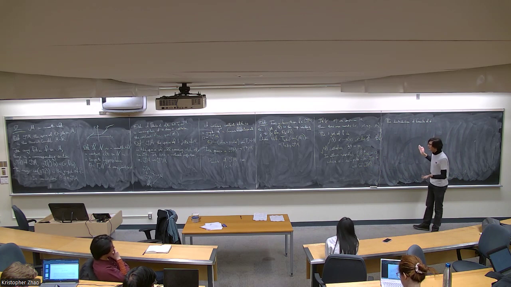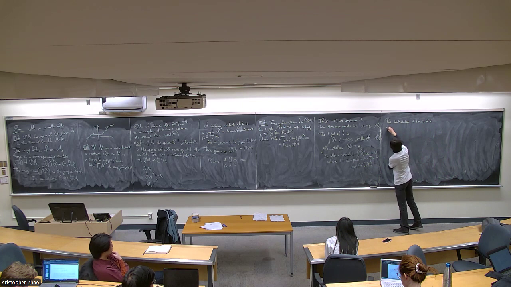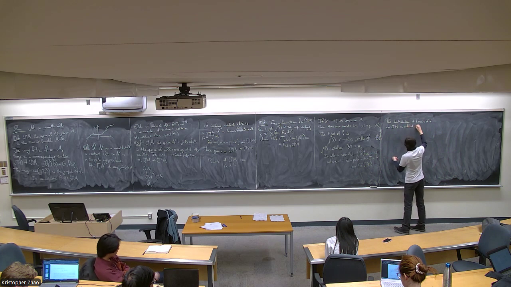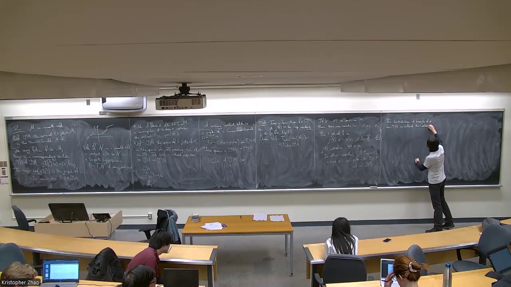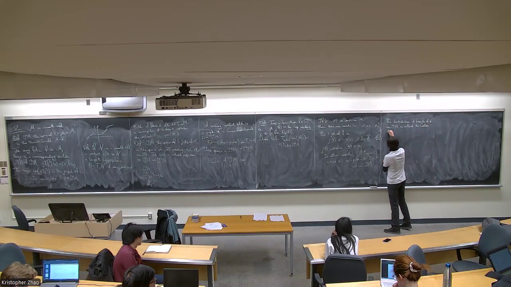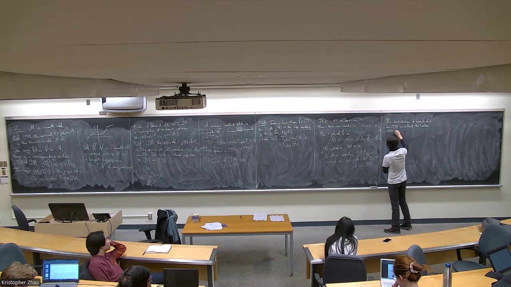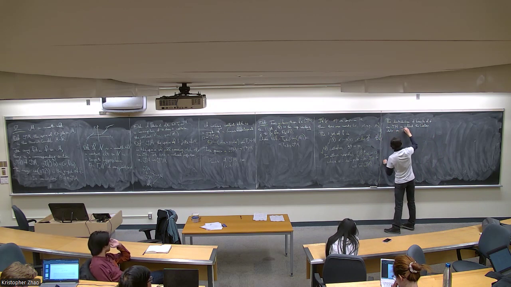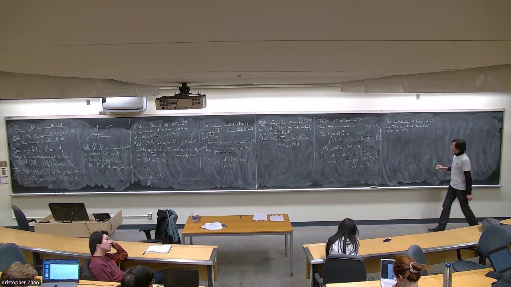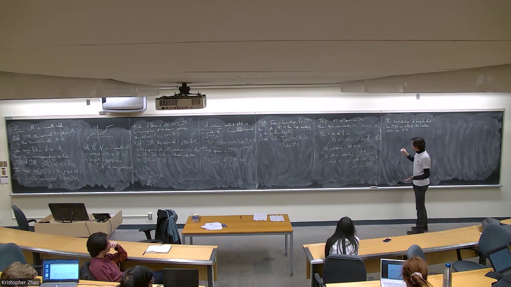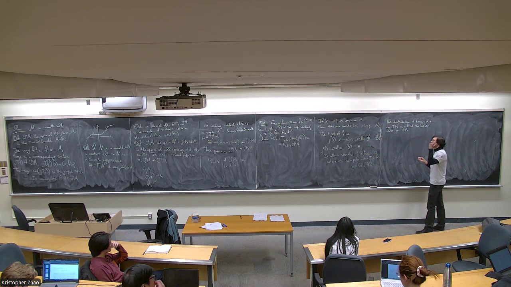At every point, you have a tangent hyperplane. This distribution on J1 of M is called the Cartan distribution on the space of one jet bundles on M.